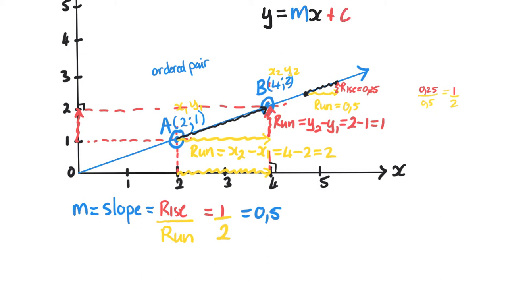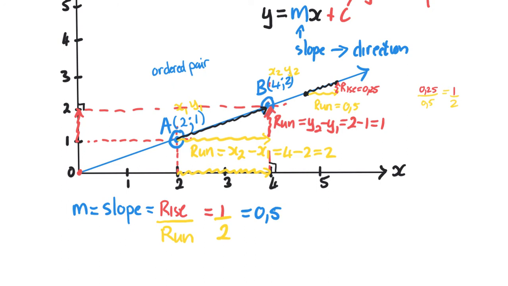Now m is the slope or the gradient, and this is actually an indicator of direction. All right, and the c is what's known as the y-intercept. And the y-intercept is this point here. It's where the line crosses the y-axis.